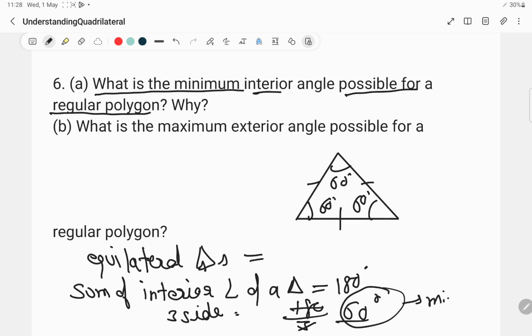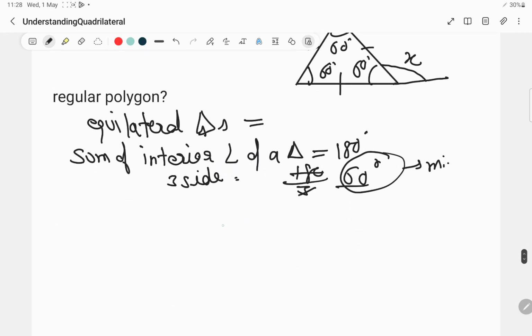Okay. Now what is the maximum exterior angle possible? So for the exterior angle, similarly what we will do, we will extend it from here and we will calculate the exterior angle. This will be x, this is 60, 180. Now how? 60 plus x will be equal to 180, here we are using the linear angle property, right? So the sum of these two angles will be equal to 180 degrees.